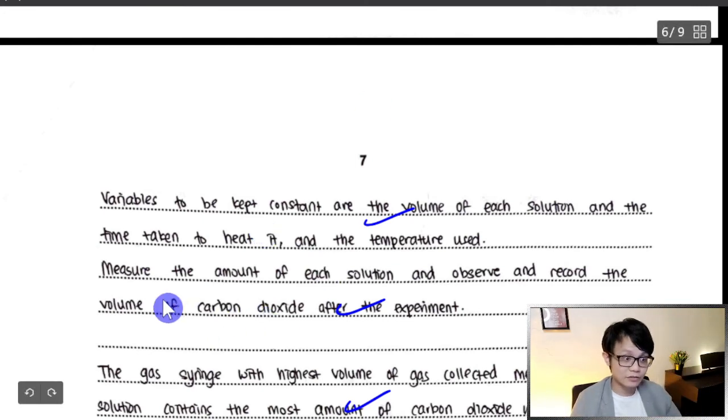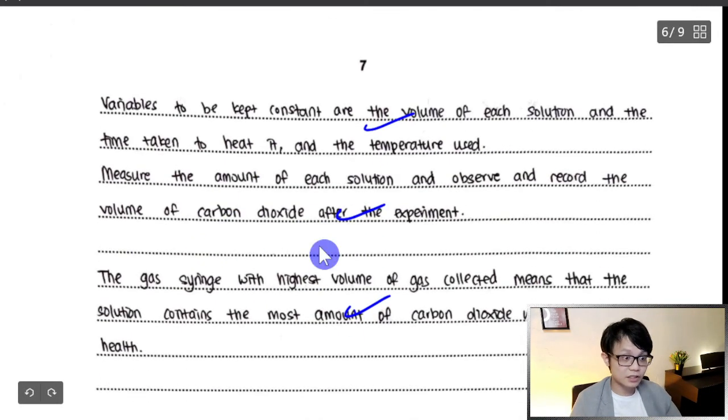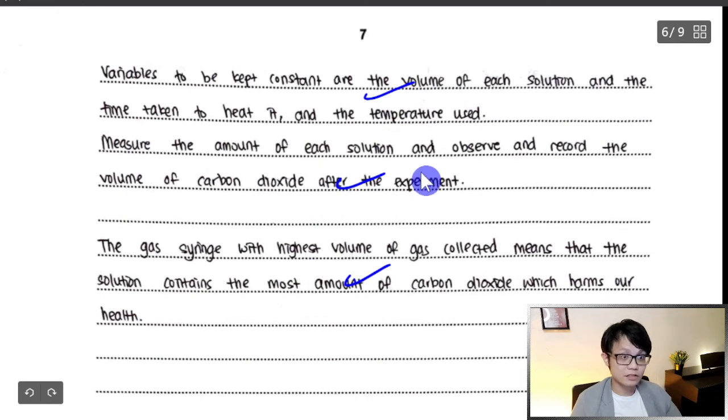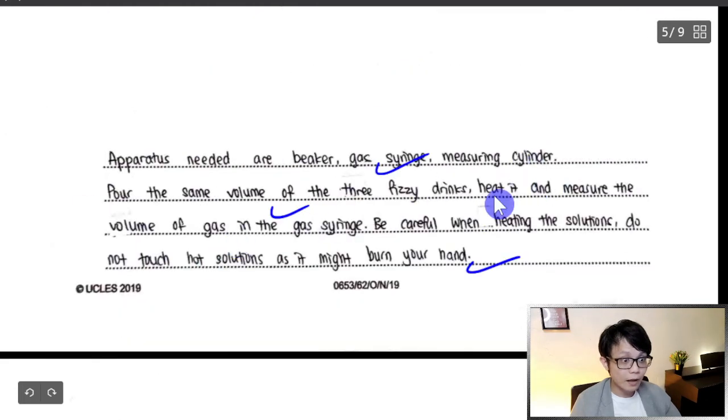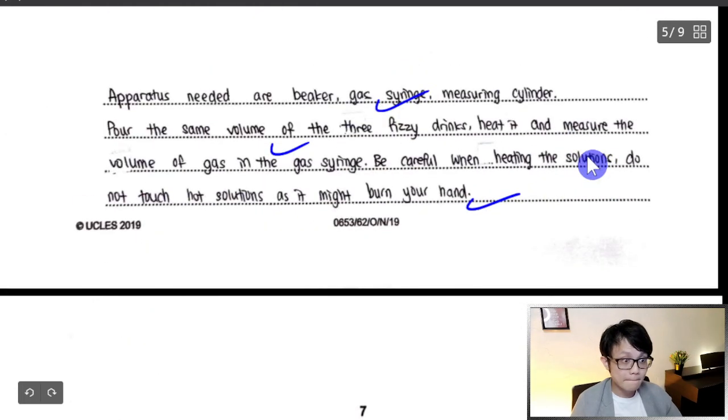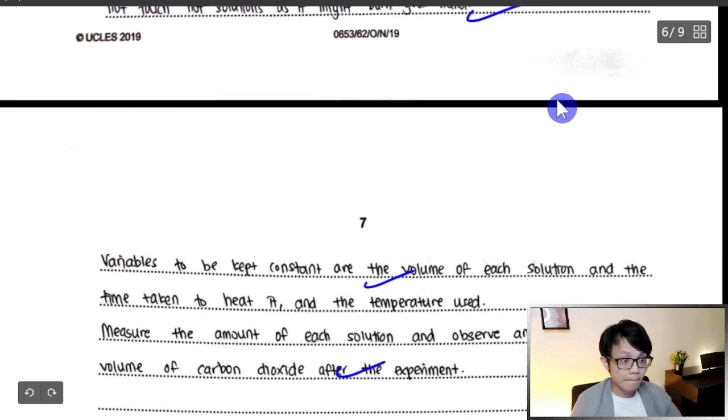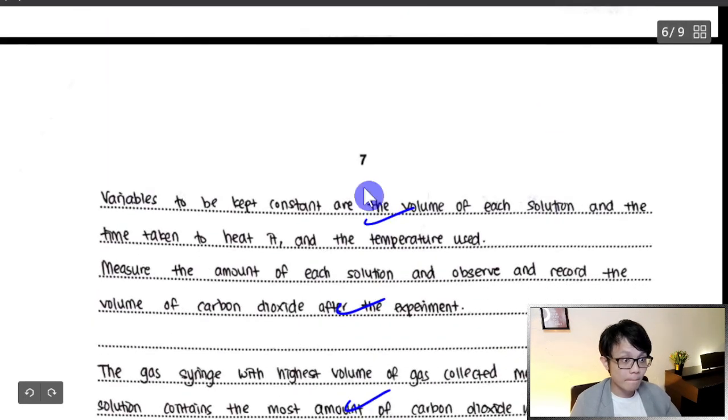But here the student says measure the solution. Mr. Billy: Yeah, I actually mixed it up. I first wrote what to control, and only then wrote the measurements you will make.